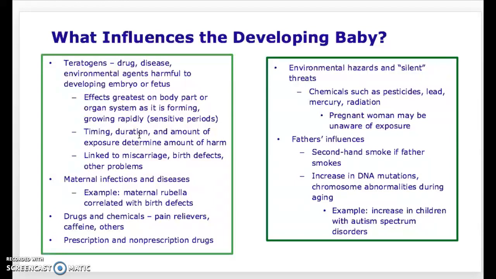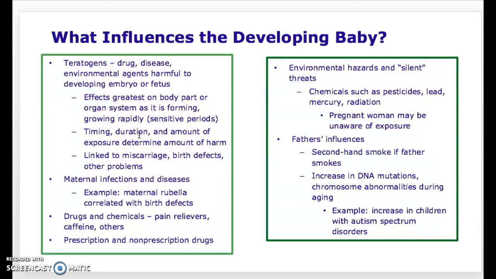There are also environmental hazards, or hazards that are silent threats, we call them. These are things that are in our atmosphere that we have exposure to and can impact the fetus. For a mother who lives in an area with high levels of pollution or high levels of chemicals in the air or the water, this can impact her developing child.